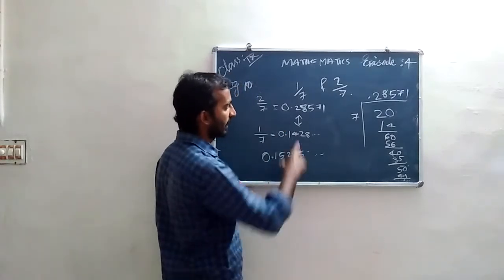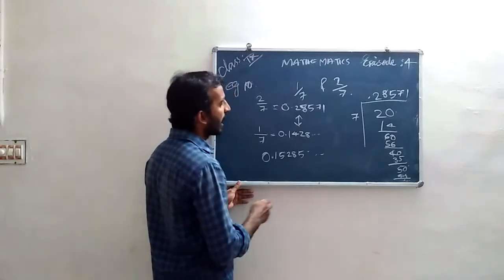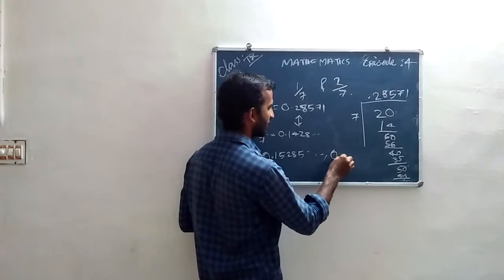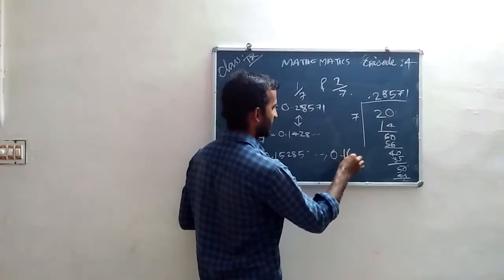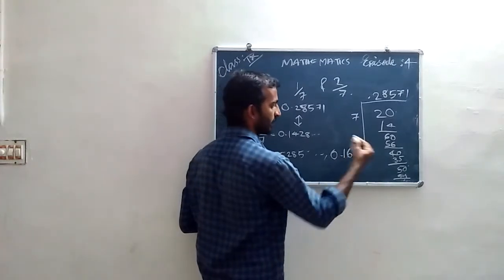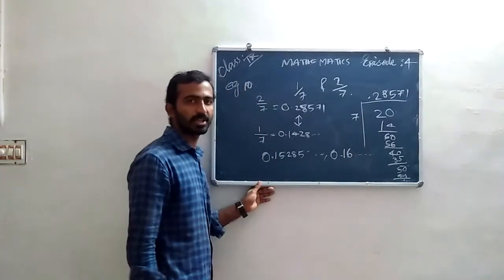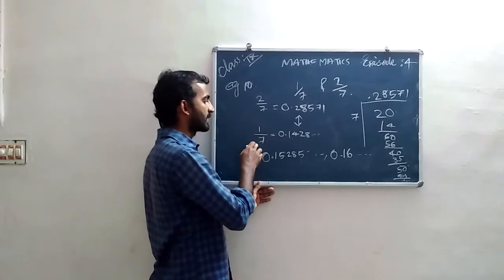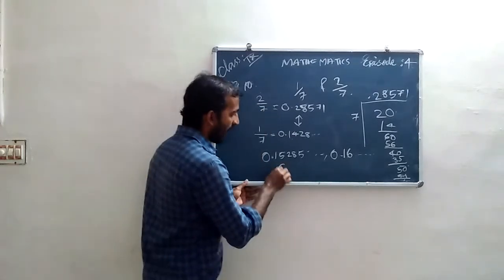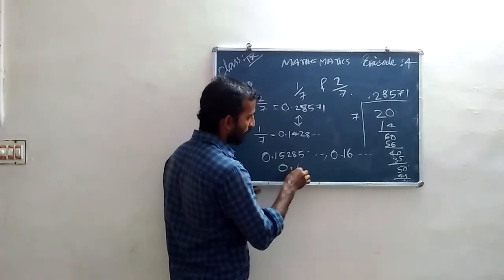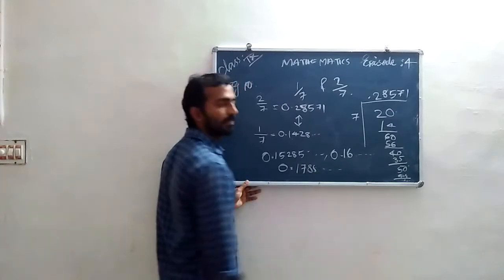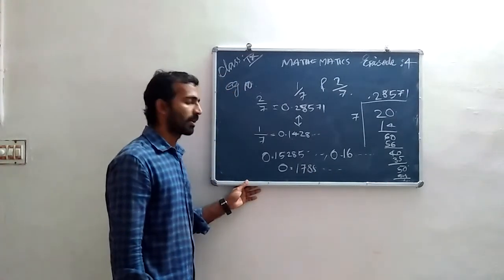Also 0.16, etc. is another irrational number in between 1/7 and 2/7. And we can take another number, 1, 7, 8, 5, etc.